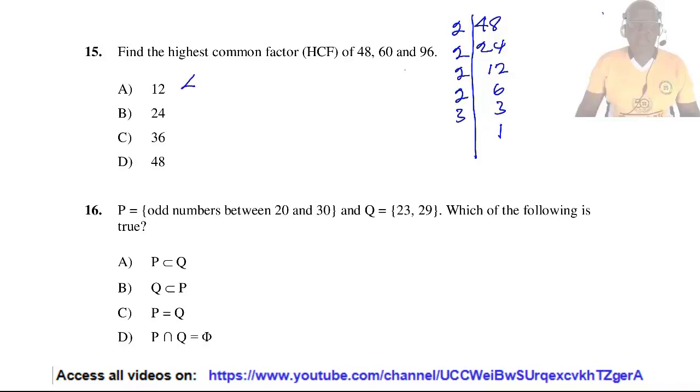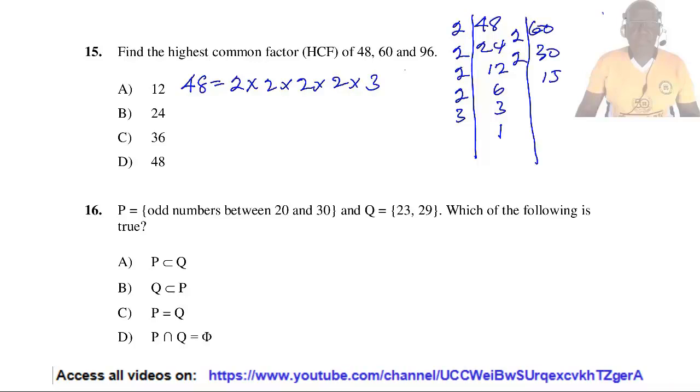So the product of the prime factors of 48 equals 2 times 2 times 2 times 2 times 3. Now the product of the prime factors of 60: 2 goes here 30, 2 goes here 15, 3 goes here 5, 5 goes here 1. So the product of the prime factors of 60 equals 2 times 2 times 3 times 5.